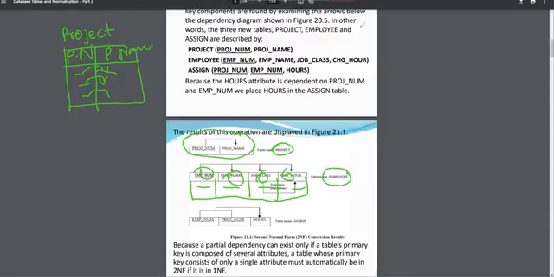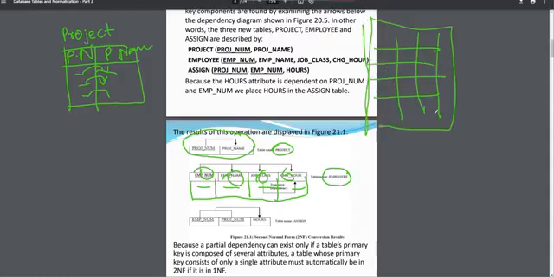Previously, in first normal form, there was a big data sheet like table, right? We have broken that into one table for employee information, and so we have broken it into this one and also this one. The assigned table holds the hours, because they depend directly on these two keys.